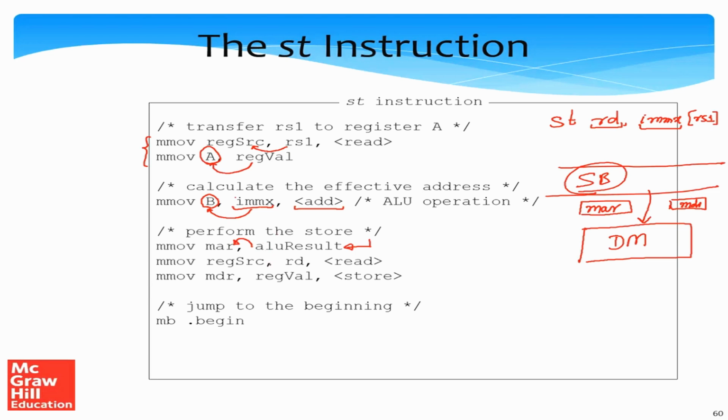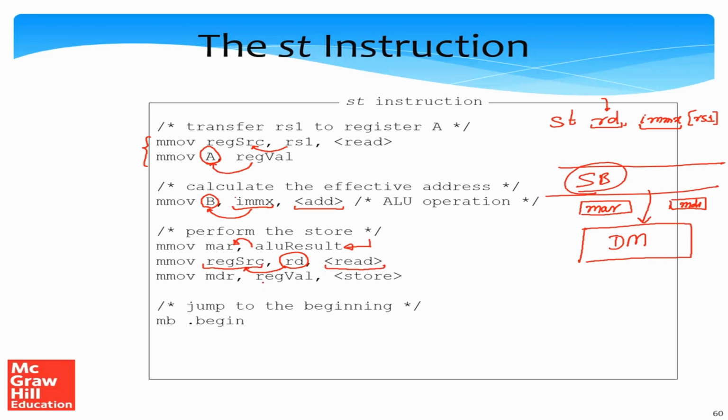And reg source is the ID of the register that we need to read from or write to, so we populate this. How do we populate it? We read the ID of the RD register. In this case, RD does not contain the destination, rather it contains the data that needs to be stored. In any case, we need to read it, so we transfer its contents to reg source and initiate the read command.